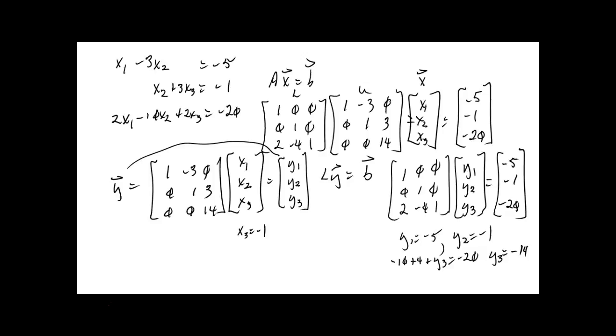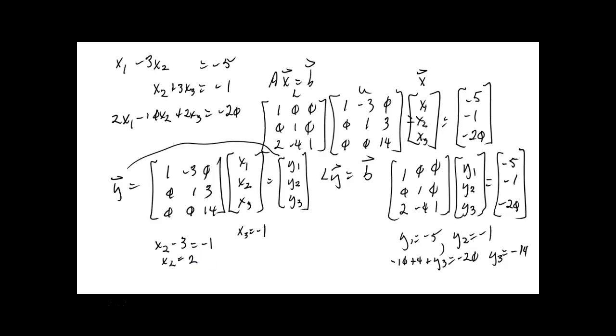Back substitution here then gives us that x2 minus 3 is equal to negative 1. So x2 is equal to 2, right?